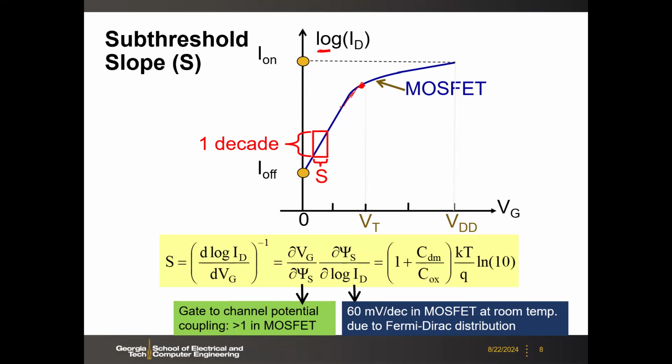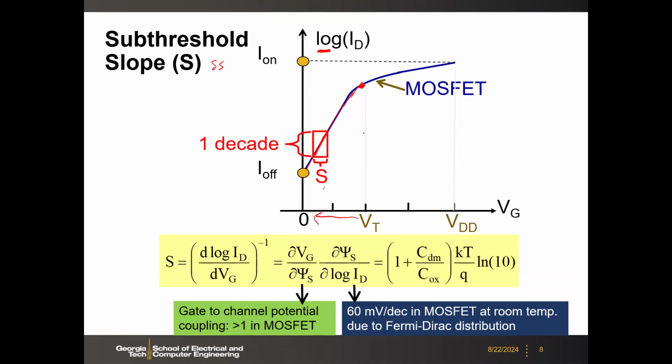There's still current flow below the threshold voltage, but the current will exponentially decay when you reduce the voltage from the threshold voltage down to 0. And then here, the slope is defined as the subthreshold slope S, or sometimes we call it SS.